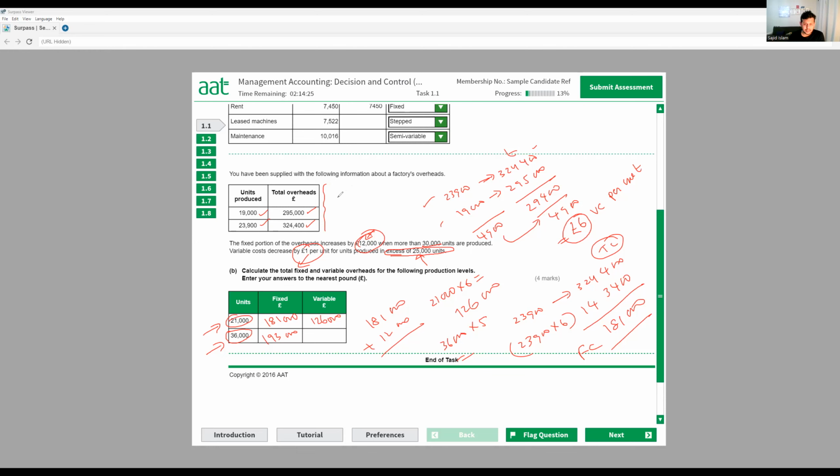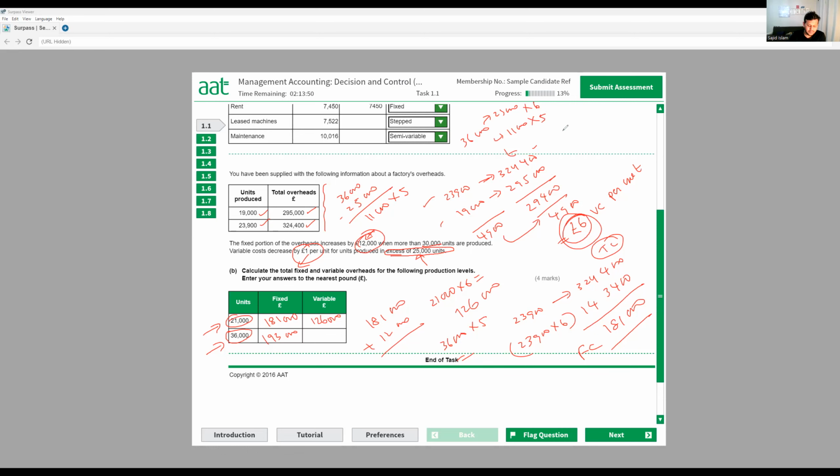So if I make 36,000 units, you need to minus the 25,000 units. So 36,000 minus 25,000 gives me 11,000. For the 11,000, I will get 5 variable cost. So in this 36,000, we have to separate the 25,000 and 11,000. For the 25,000, the variable cost will be 6 as usual. But for the rest, the excess of 25,000, it will be 5.